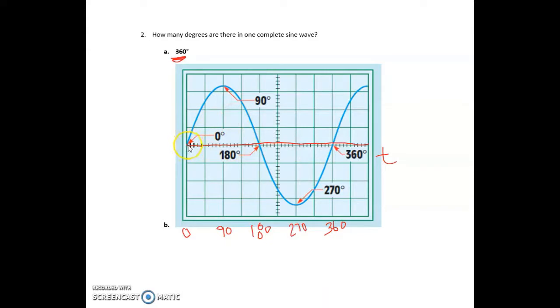So 0 is 0 volts, 90 degrees is the positive peak, 180 degrees is back at 0, 270 degrees is the negative peak, and then 360 goes back through 0, and this sine wave just continues on forever.